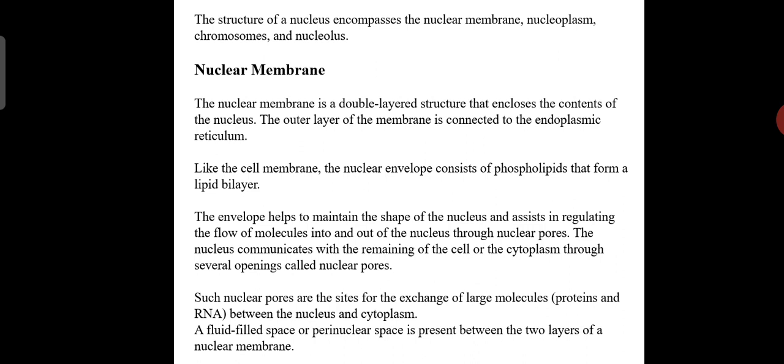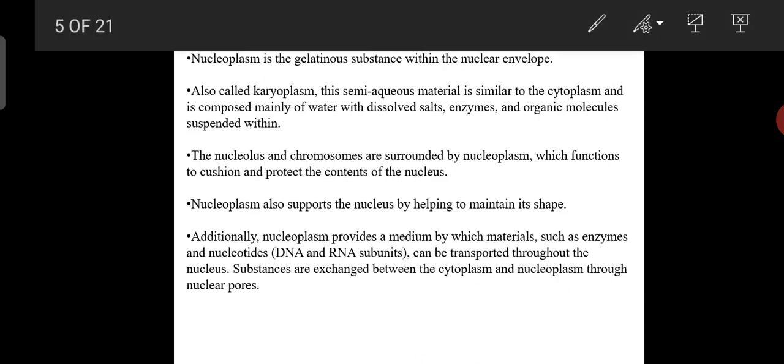Such nuclear pores are the sites for the exchange of large molecules, proteins and RNA, between the nucleus and the cytoplasm. A fluid-filled space, the perinuclear space, is present between the two layers of the nuclear membrane.